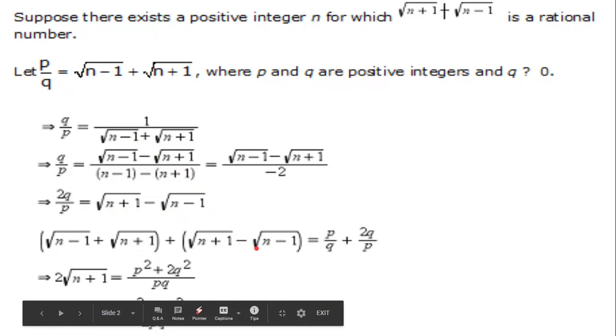And here you can see that this is positive and this one is negative, both are same, you can cancel out these two and you have now 2 times square root of n plus 1.